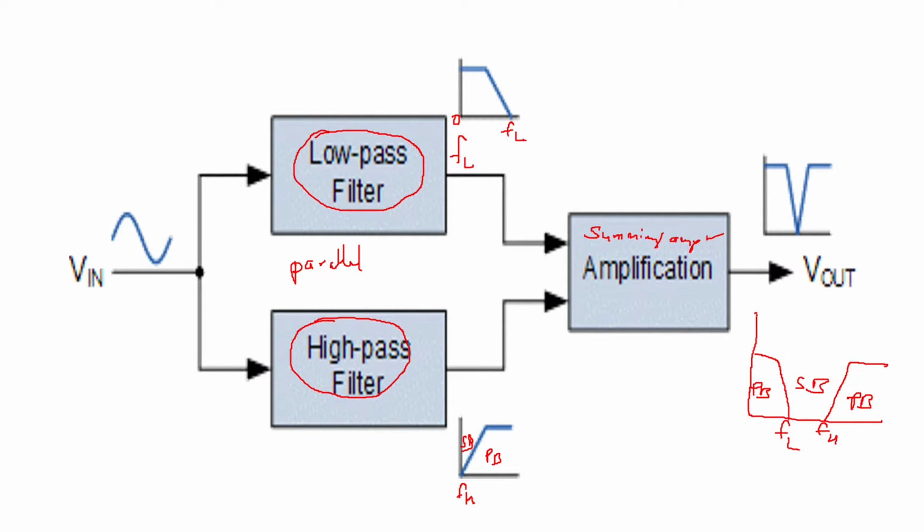This is a graph of gain versus frequency, and in this you can see that you can stop a particular band of frequency. Here we have shown this stop band. If the band of frequency which is rejected or stopped is very narrow, then it is called a notch filter.